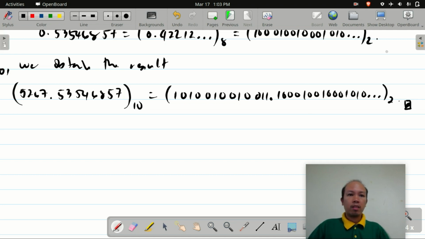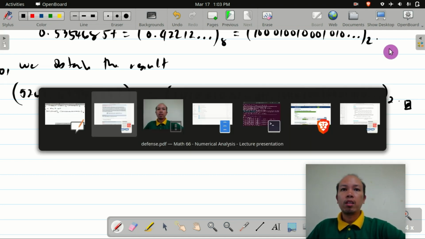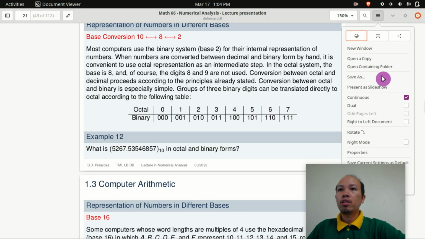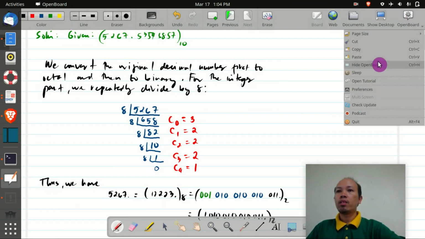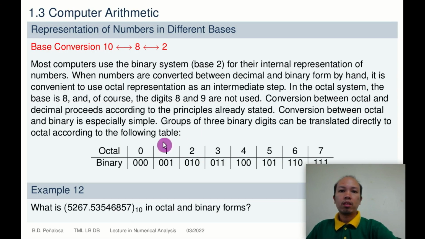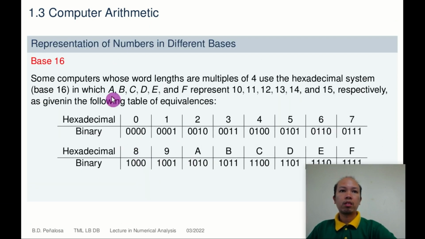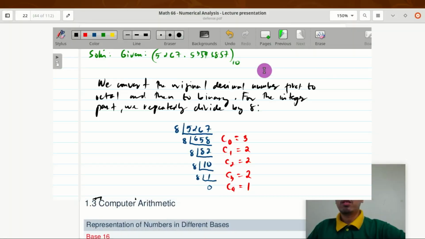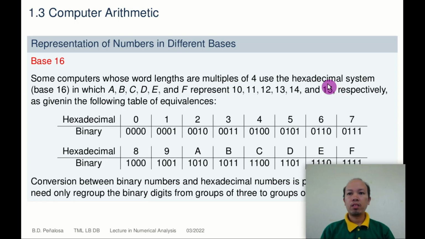Okay, so before we proceed, our next discussion is, let's hide this one first. Okay, we solve example 12. Sorry. Okay, we will discuss base 16, how to do this one. Finally, when we are going to convert a hexadecimal number, we will use this method.